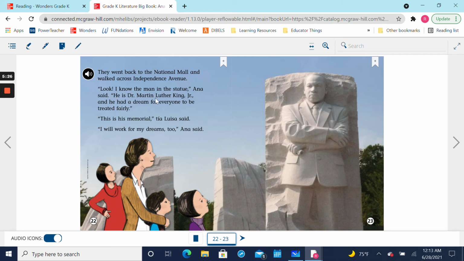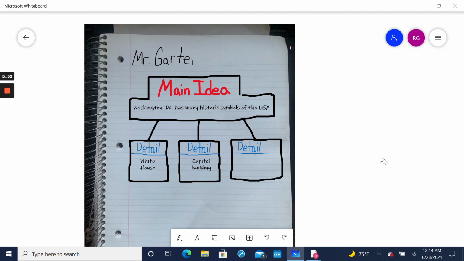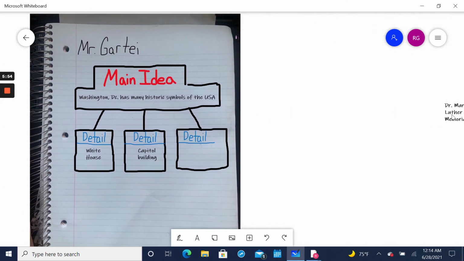He is Dr. Martin Luther King Jr., and he had a dream for everyone to be treated fairly. This is his memorial," Tia Luisa said. So now, having reread page 22, we know that the family visited Dr. Martin Luther King Jr.'s memorial. So that is our last key detail that we can add into our main idea detail chart.